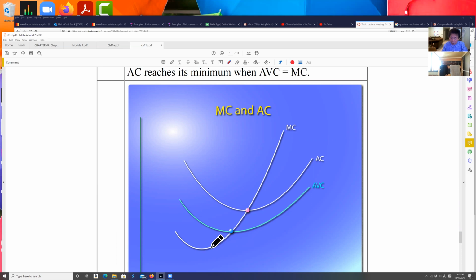It goes down further, reaches its minimum and then goes up, okay? And marginal cost and average cost never meet again.